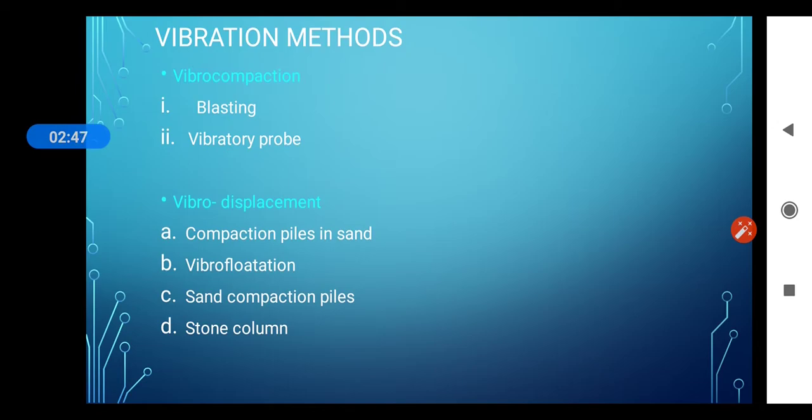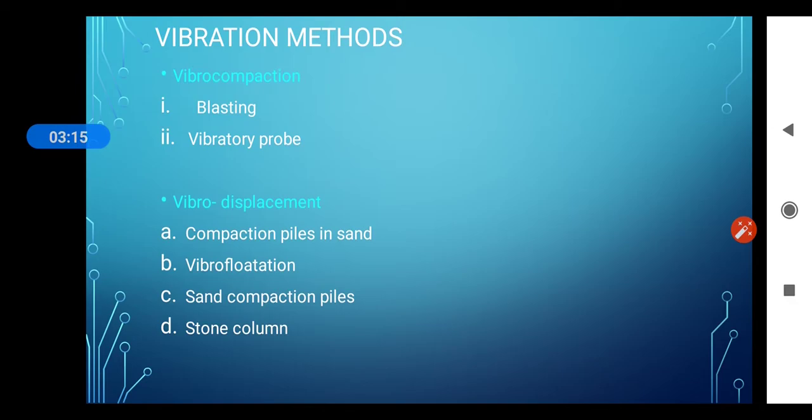Due to shock and vibration, the particles move from their original position and take a more compact pattern. Once the particles are loosened due to the shock, even small pressure is enough to put them in a compact state. The effectiveness of these methods decreases with an increase in the percentage of fines.